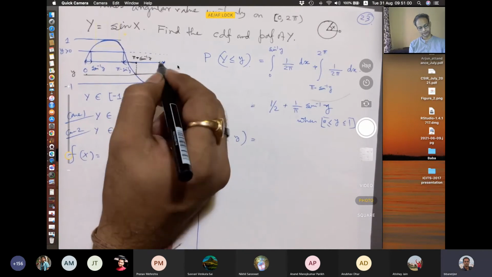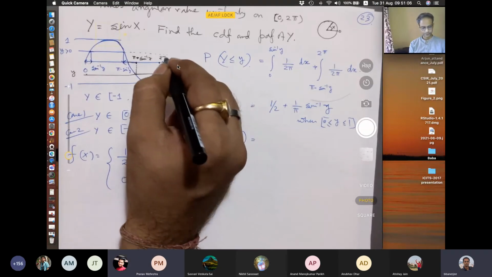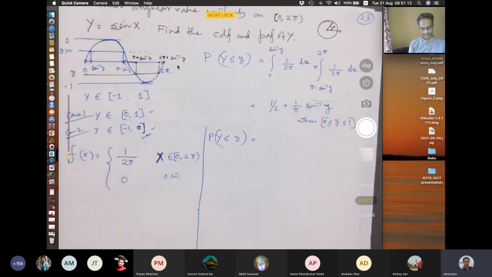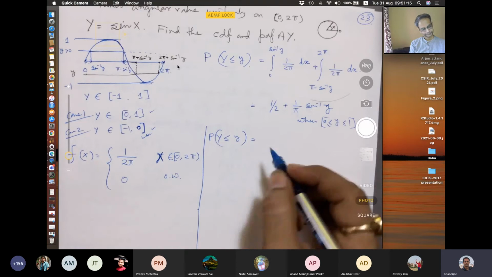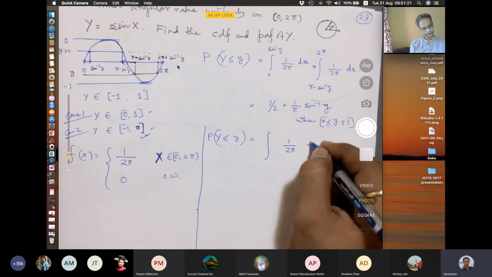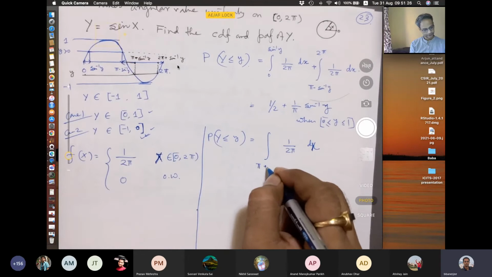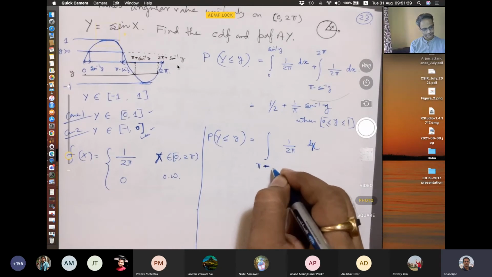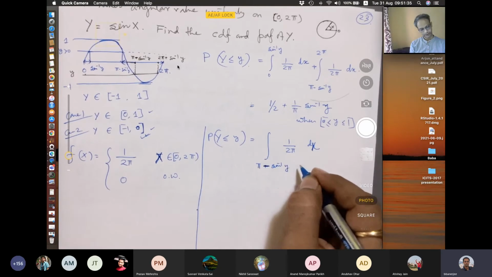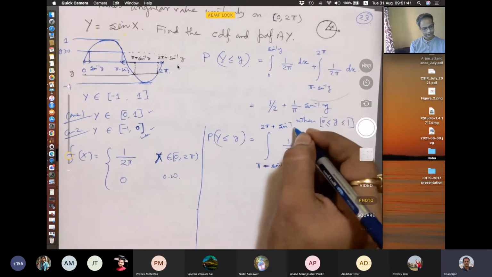And what will be this one? 2 pi plus sine inverse y. So now it is pretty easy. That integration 1 by 2 pi, from pi minus sine inverse y to 2 pi plus sine inverse y.